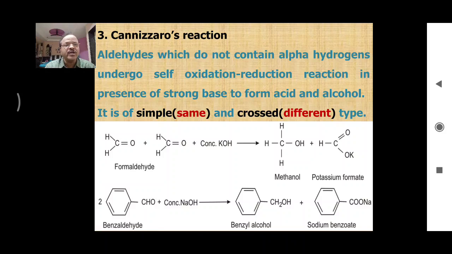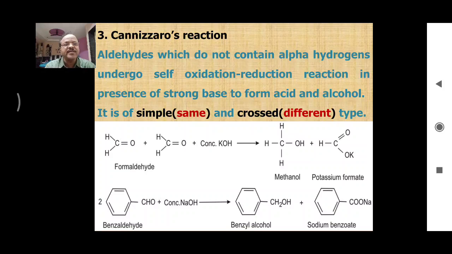One aldehyde molecule will get oxidized to acid and the second aldehyde molecule will get reduced to alcohol. Depending upon the use of aldehydes, Cannizzaro reaction is of two types. The first is called simple Cannizzaro reaction, and the second is called crossed Cannizzaro reaction.